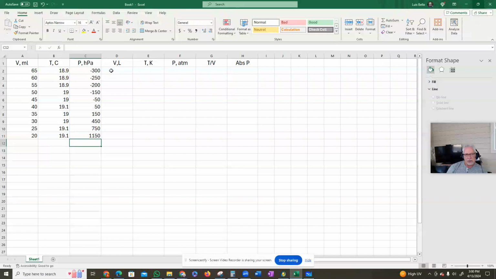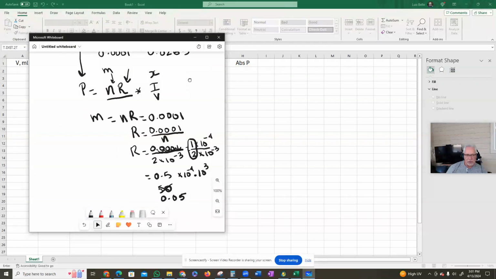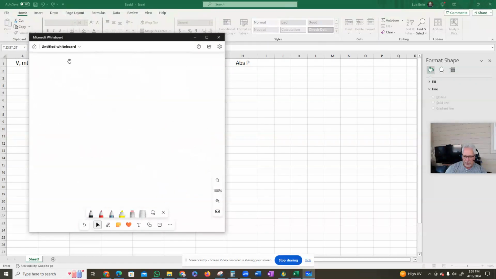So the first formula that I need to enter in Excel will be converting the milliliter to liter. How? Let me open the whiteboard that I have right here, and I'm going to get a white page.